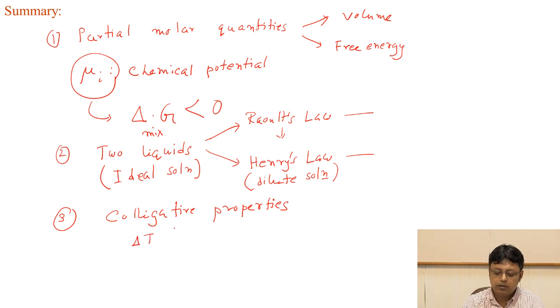We found a relationship between the depression of freezing point and elevation of boiling point, connecting to the amount of the solute added, or the mole fraction of the solute added, or equivalently the molality of the solute which is added to it.